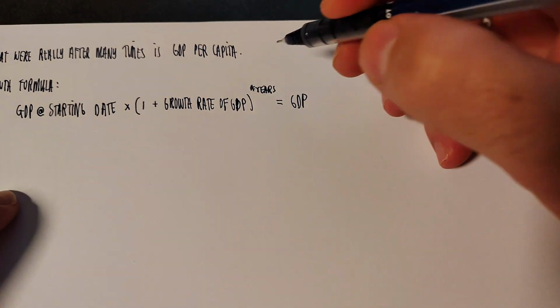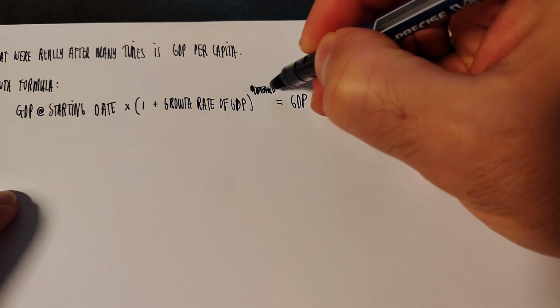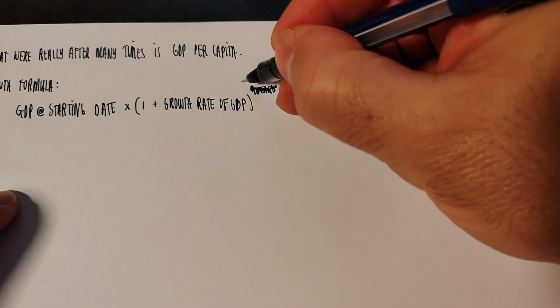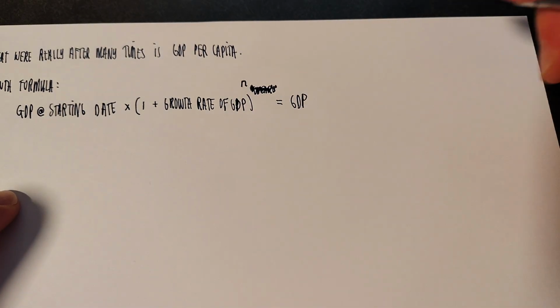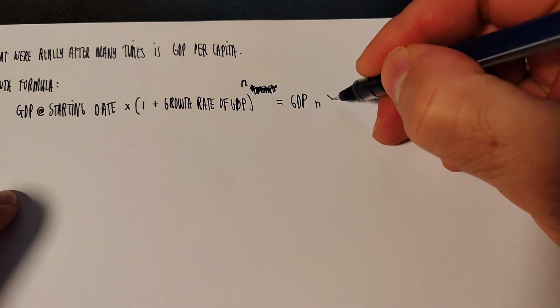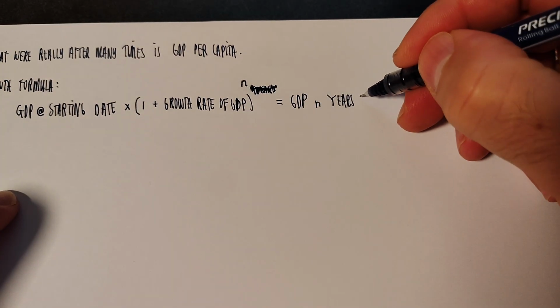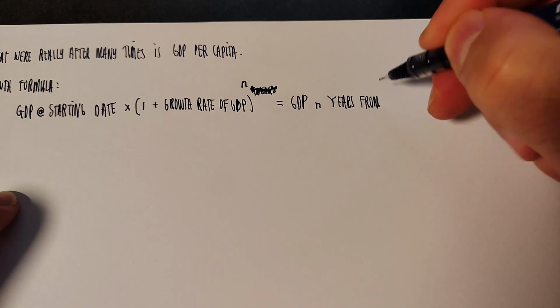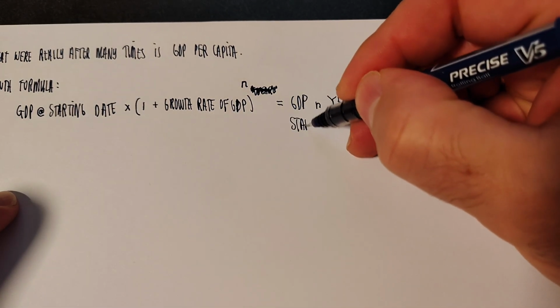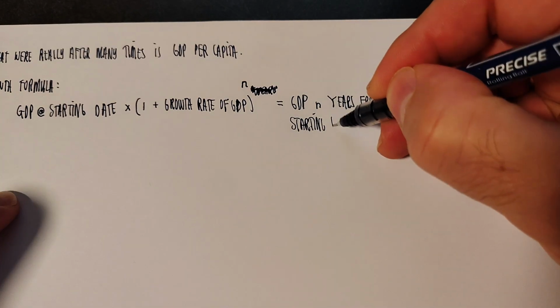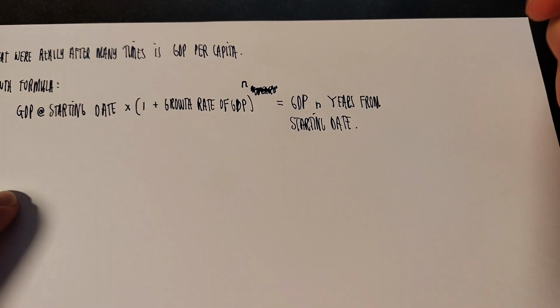It might be easier to write this with a lowercase n as the power, and say GDP n years from starting date. In all honesty, that might be the way to go.